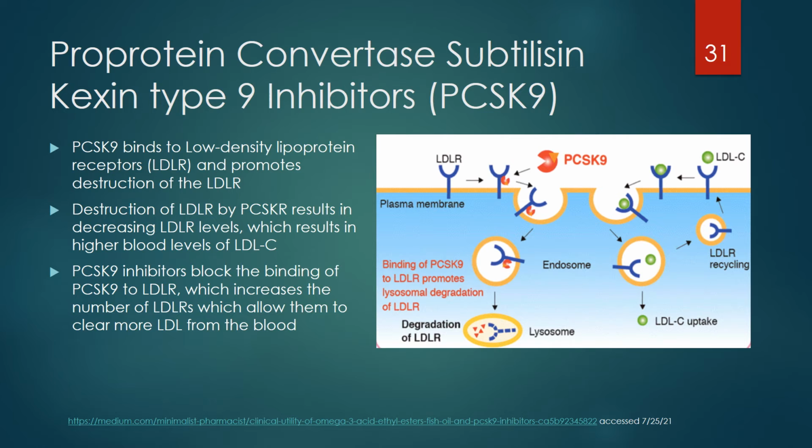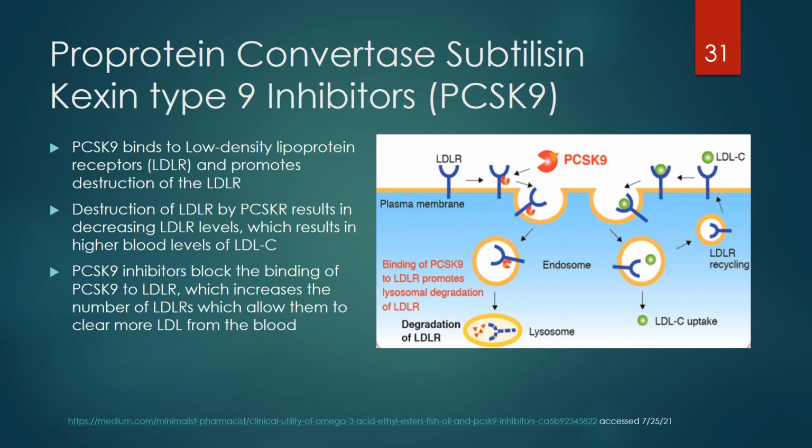So if you look at our little diagram there, our LDL receptors work to bind LDL cholesterol. They bring it down, and you get a breakdown of the LDL cholesterol, and your LDL receptor goes back up to catch more LDL that's circulating around.